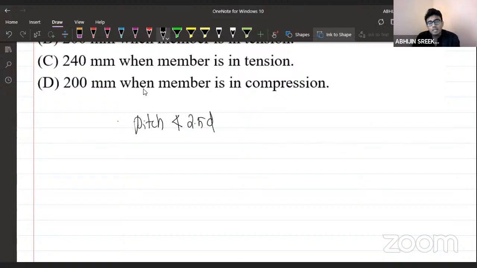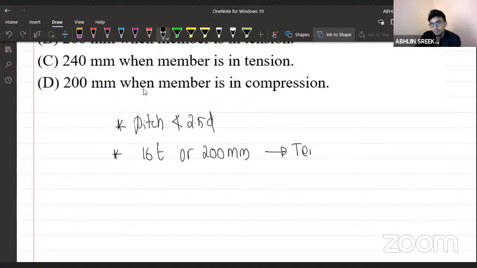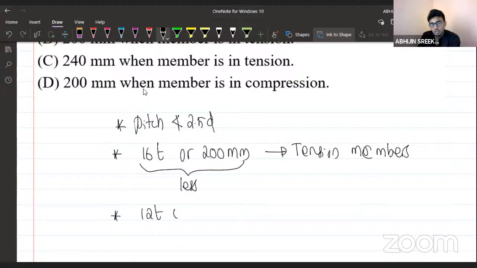But in case of tension members and compression members, the IS code recommends that pitch P should not be more than 16 times T, the thickness of the interconnected members, or 200 mm, whichever is less. In case of compression members, it should be 12 T or 200 mm.